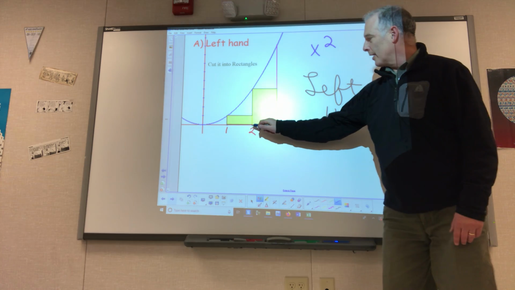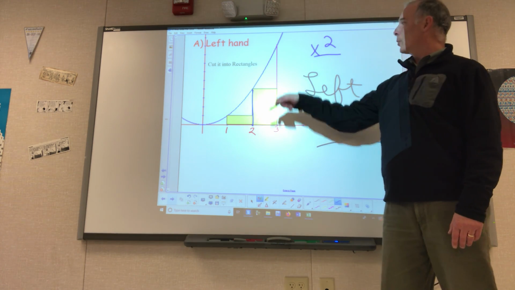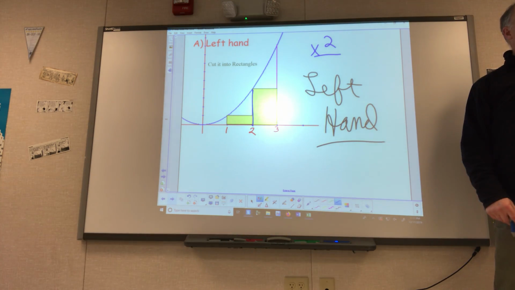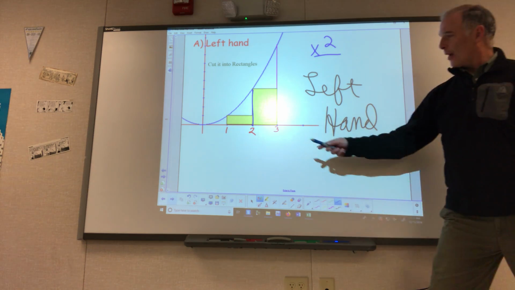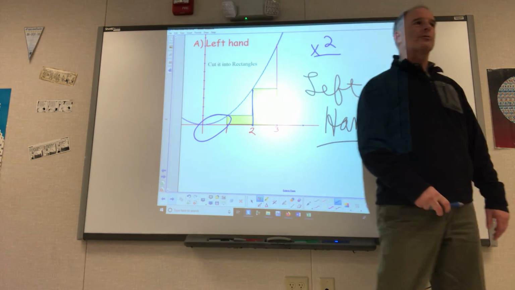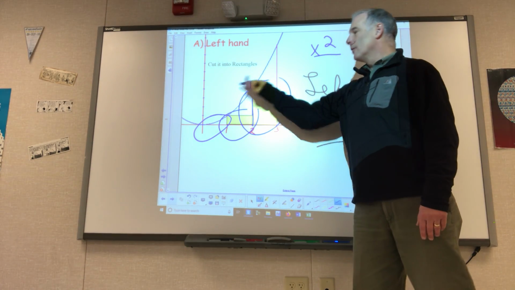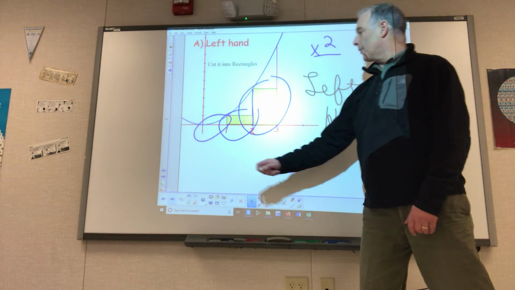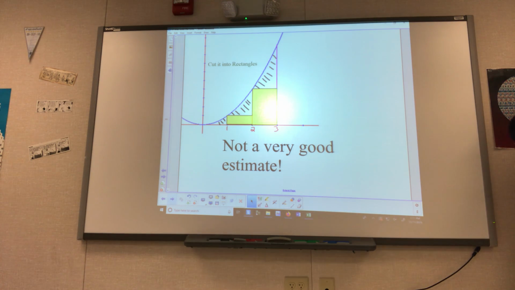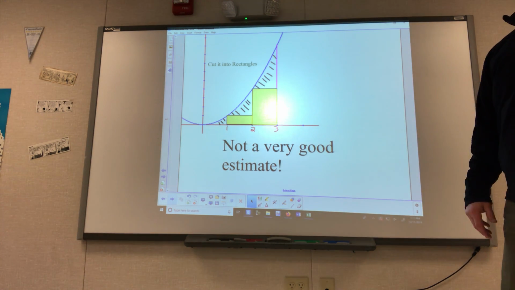And then the function value at 2, again x squared, is 4. And so the height of this rectangle right there, although you can't see it, is 0. The height of this one is 1, the height of this one is 4. And each of them has a width of 1. Now it's not a very good estimate, but it's an estimate. And that's kind of all we care about.